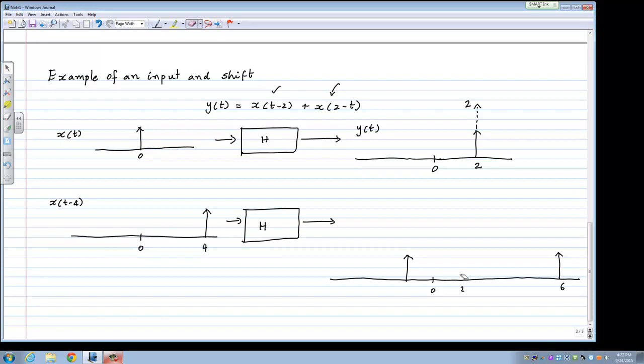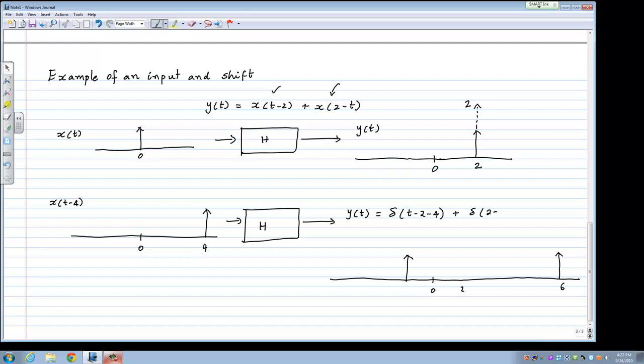And indeed you can verify this too, because if you look at it mathematically, what is the output signal? The output signal is delta of t minus 2 minus 4 plus delta of, mathematically, what is this? We want to take x of t minus 4 and replace t by 2 minus t.